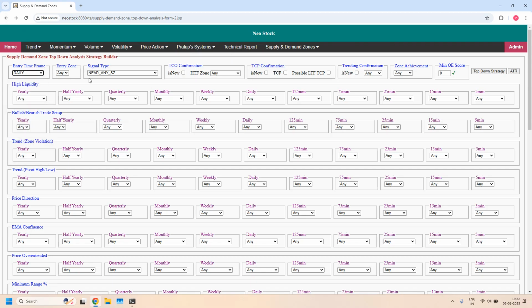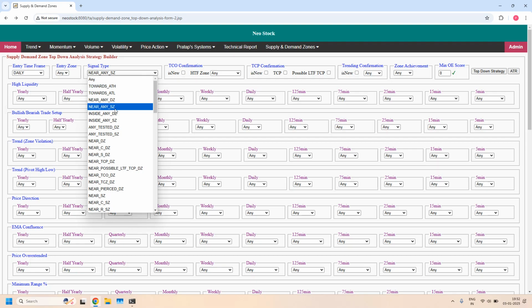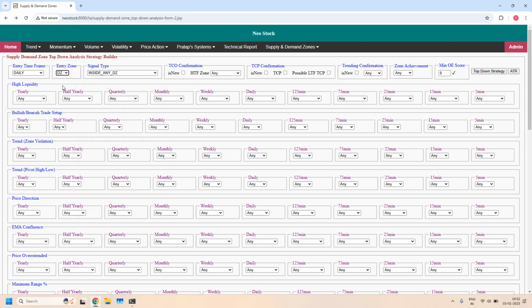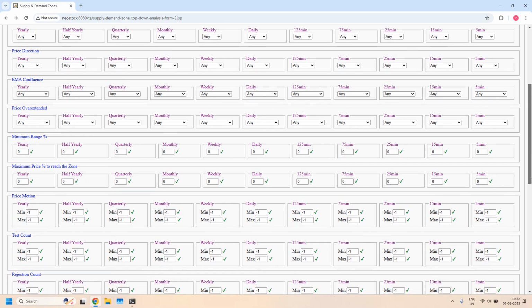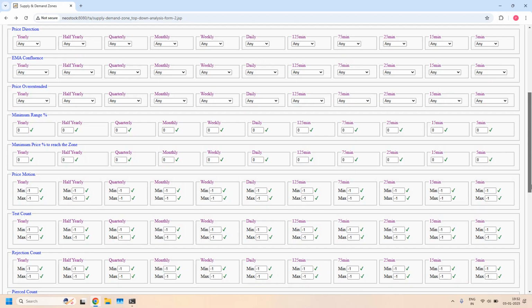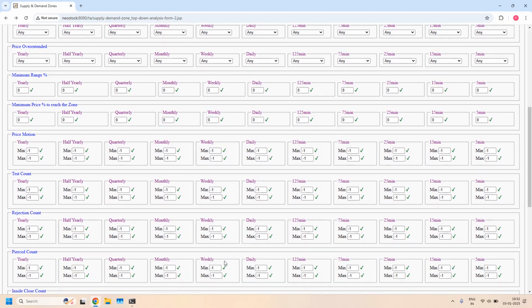Okay, next, for daily time frame, price closed inside the daily demand zone, and these daily demand zones should not be pierced. So in the pierced count at daily time frame, minimum value 0, maximum value 0.